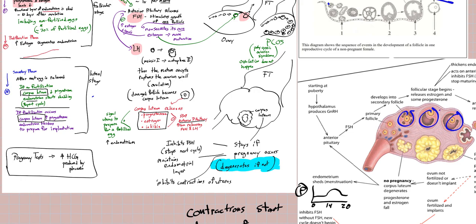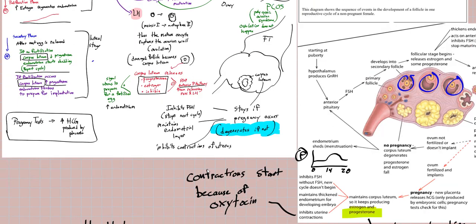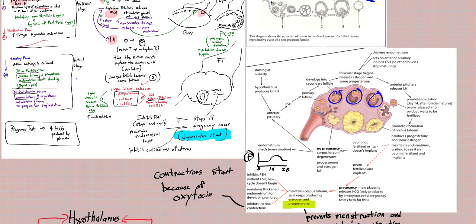The whole cycle here is something that is definitely worth your time as you are struggling through your studies, because it is complex and it is dependent on lots of different hormones, like gonadotropin releasing hormone, follicle stimulating hormone. We have estrogen and progesterone. We have follicle stimulating hormone again.